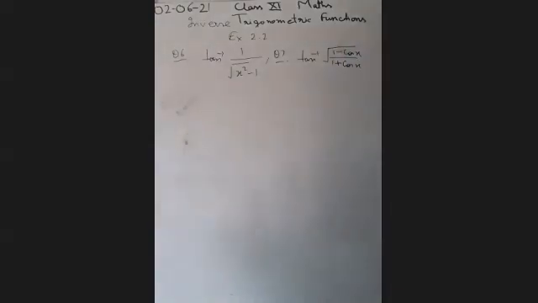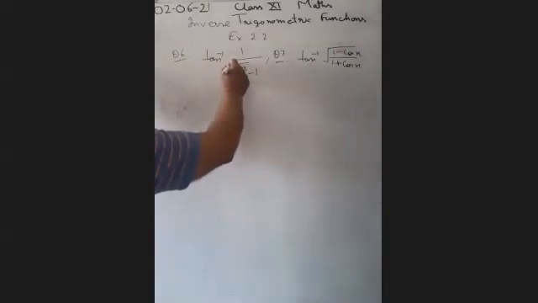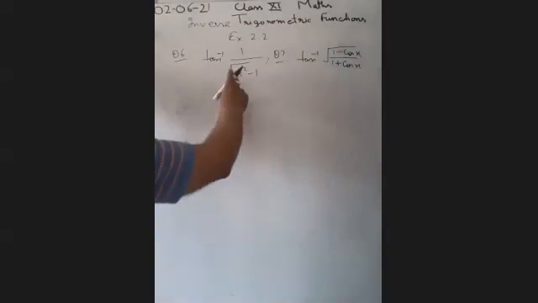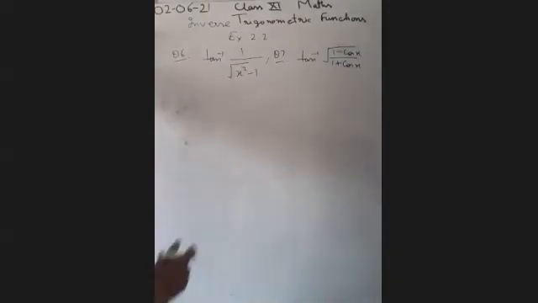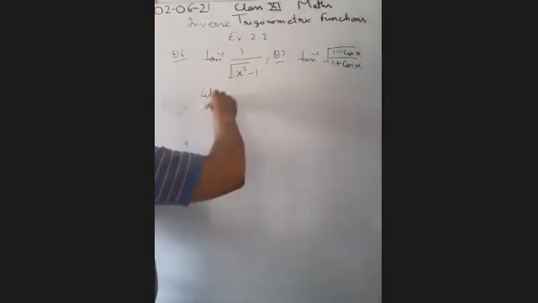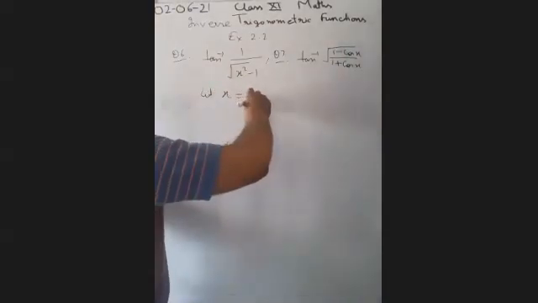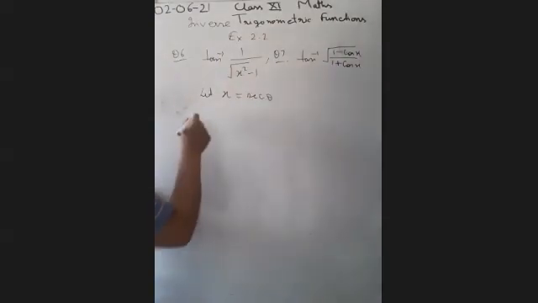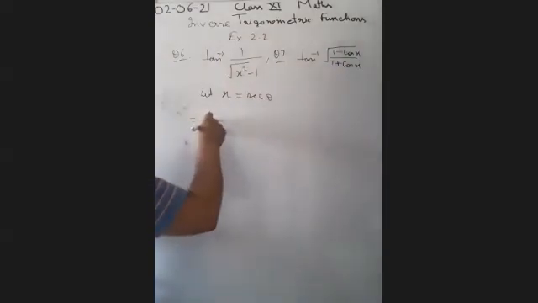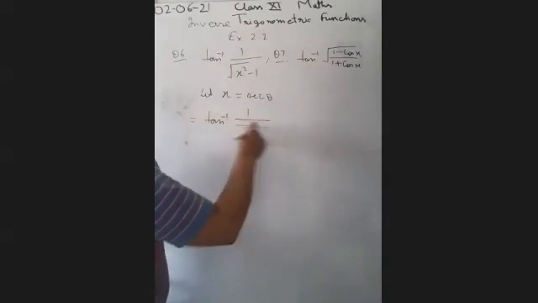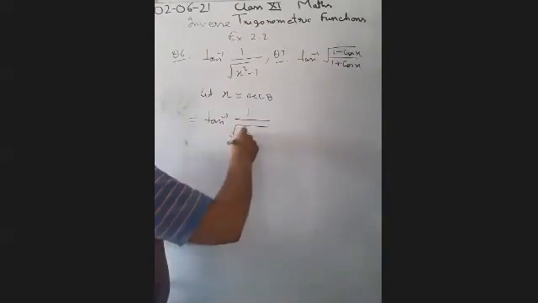देखिए, if we have the x² plus 1, तो we put in place of x is equal to tan theta। If we have x² minus 1, so we put let x is equal to sec theta। ठीक है, because sec square theta minus 1 equal to tan square theta। So you can write here tan inverse 1 upon sec square theta minus 1.